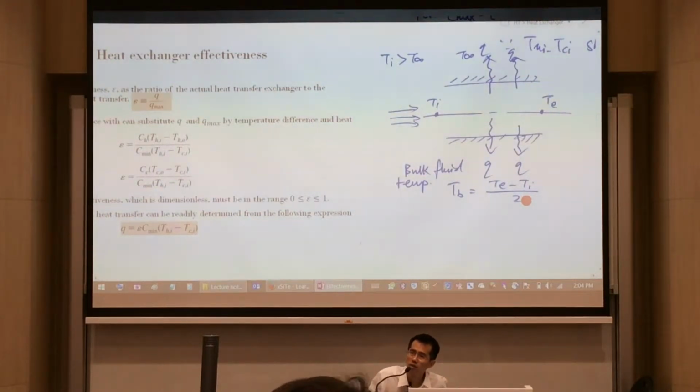So, the average temperature in between those two. So it's kind of like over here, and you can call that a Tb temperature, kind of like an average one inside.